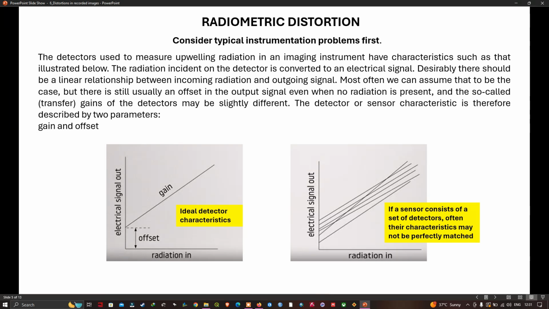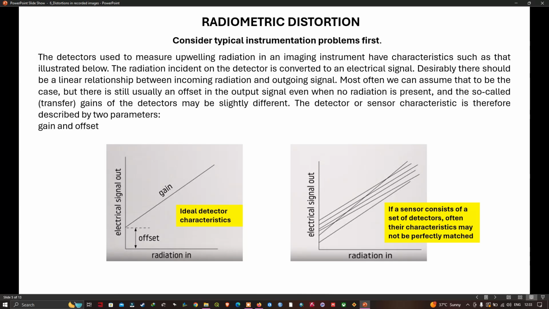Although the drawing is exaggerated, the detectors will often have a slight variation in their offsets and a slight difference in their gains. In the simple case of the Landsat multispectral scanner, there are 6 detectors per band. If there are noticeable differences in gain and offsets, it is possible to see striping in an image which repeats every 6 lines.